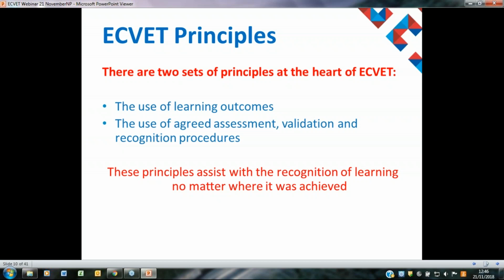And these are tasks and responsibilities that need to be agreed among the participating institutions before mobility starts. And these principles apply wherever. It doesn't matter where they take place and which learning system, as long as learning outcomes are identified and as long as they are assessed and validated and recognized, this can take place wherever it's achieved.